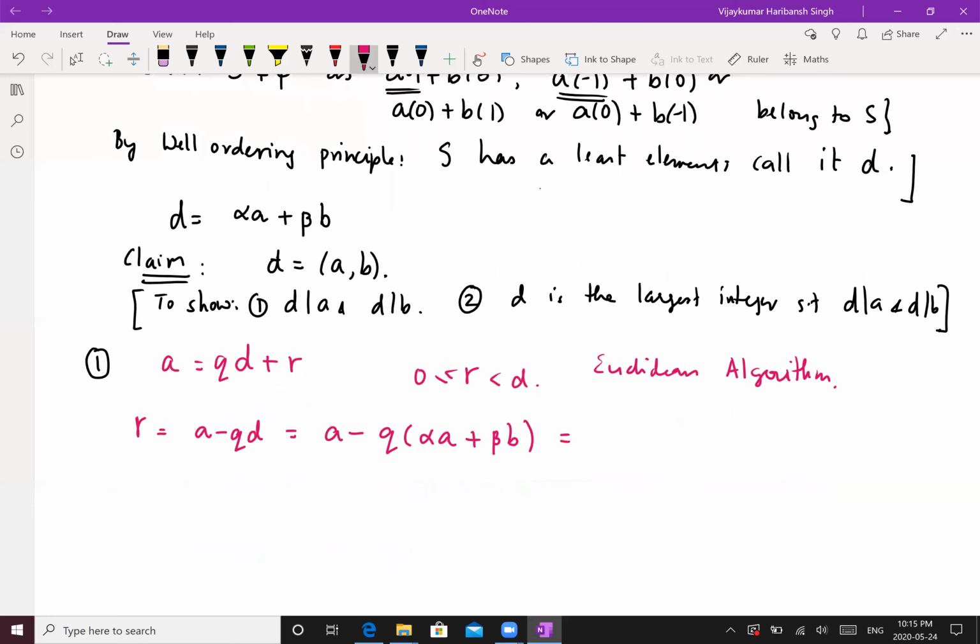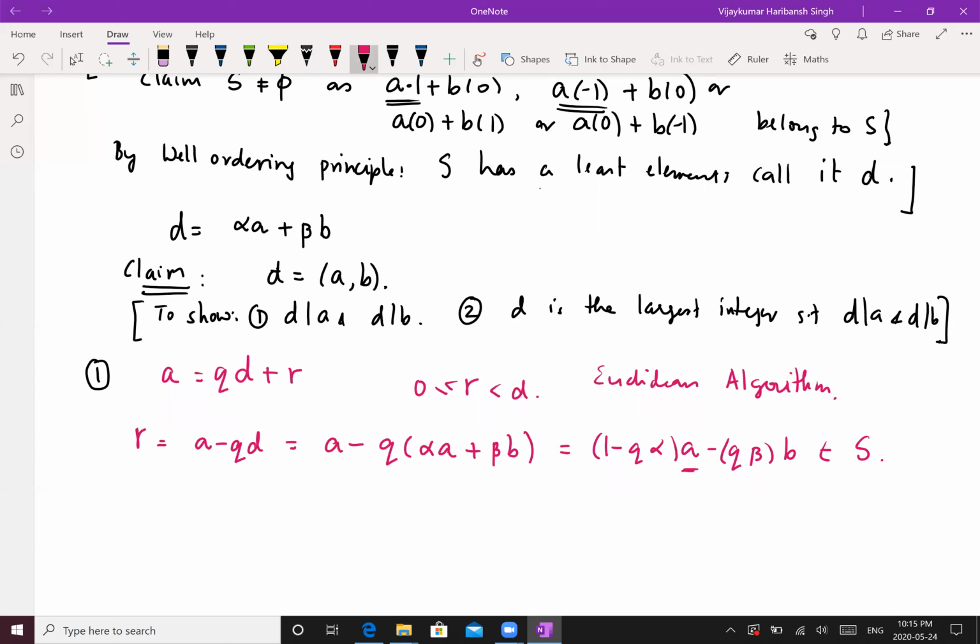So we get (1 minus q alpha) times a minus q beta b. So now this belongs to your set S, right? Because after all, it's a linear combination of a and b.